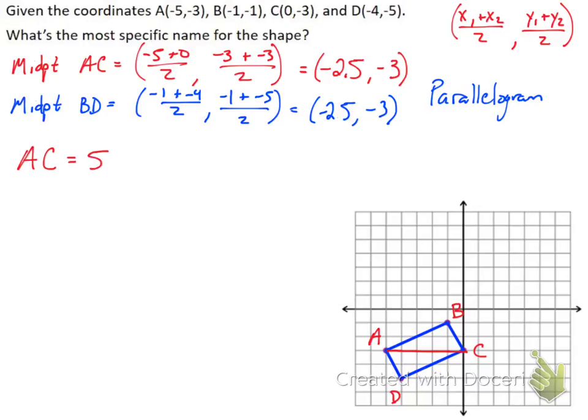So AC is 5. Now find the length of BD. This is where I'll actually make a right triangle out of this. To go from B to D, I travel vertically and horizontally. I traveled up 1, 2, 3, 4.